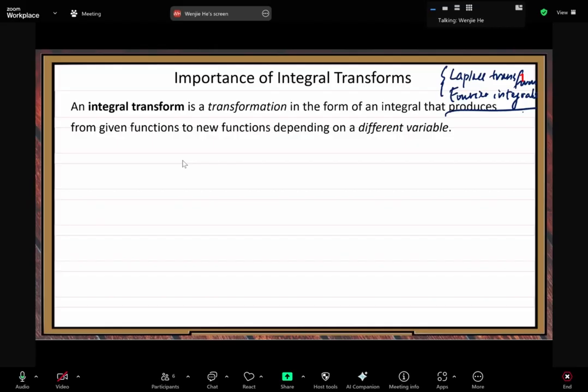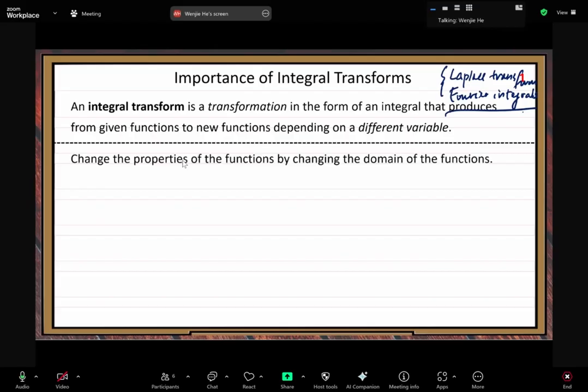So that's the definition of an integral transform. Because we have a solid background in the Laplace transform, we can understand this concept much better.